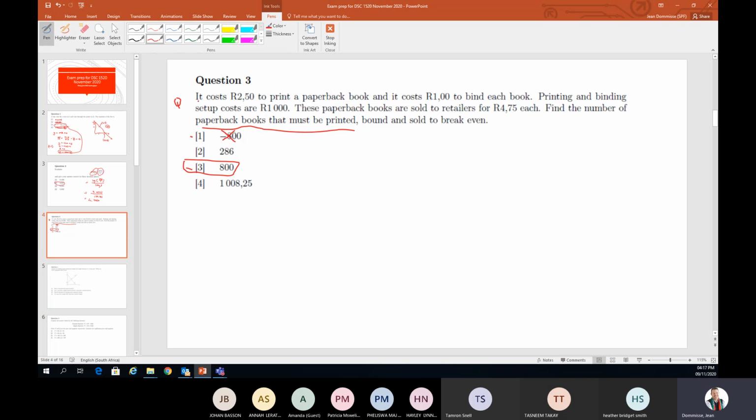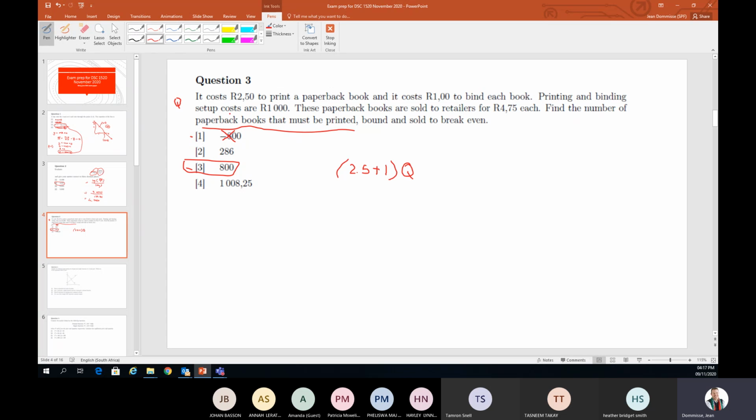So they say it costs R2.50 to print a paperback book, and it costs R1 to bind the book. Okay, so your cost is R2.50 plus R1 per book. We don't know how many books yet.